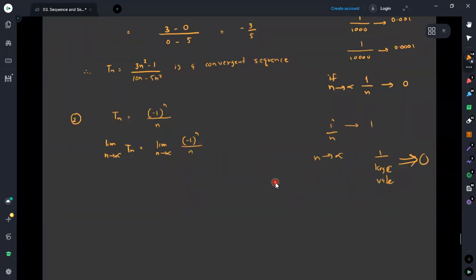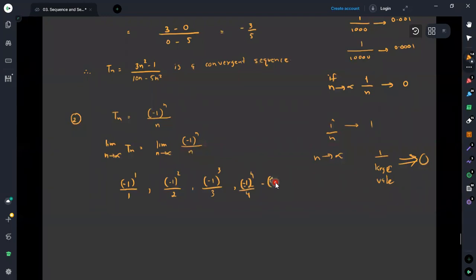But if you consider this (-1)^n without thinking about infinity, and we write down the sequence from n equals 1, we get minus 1 to the power 1 over 1. Then the next value is minus 1 to the power 2 over 2, minus 1 to the power 3 over 3, likewise minus 1 to the power 4 over 4.